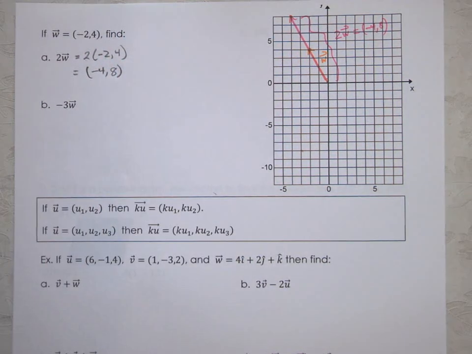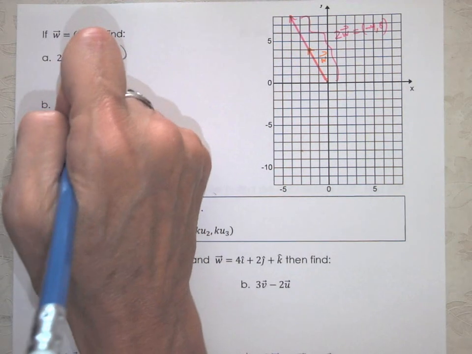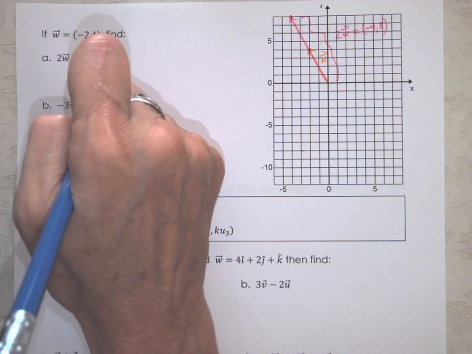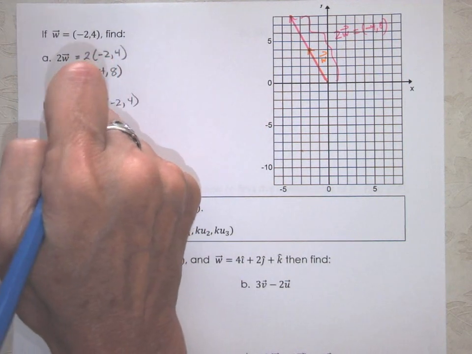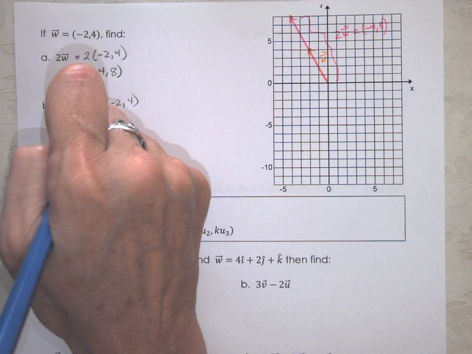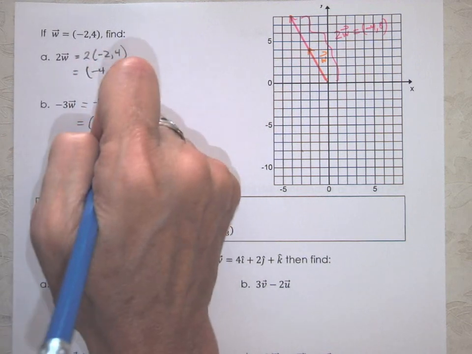So vector 2w is vector -4, 8. So again, we could use that same reasoning and thinking that vector -3w is going to be vector 6, -12.